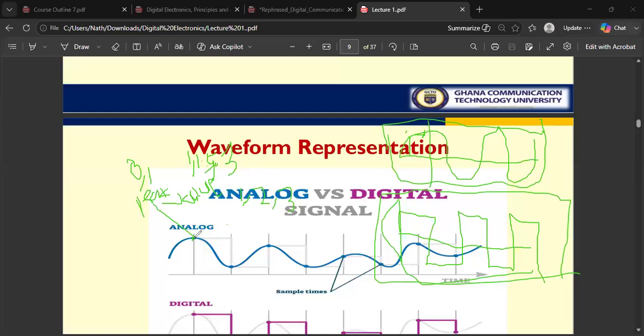In other words, we call this the trough, and we call this the crest.